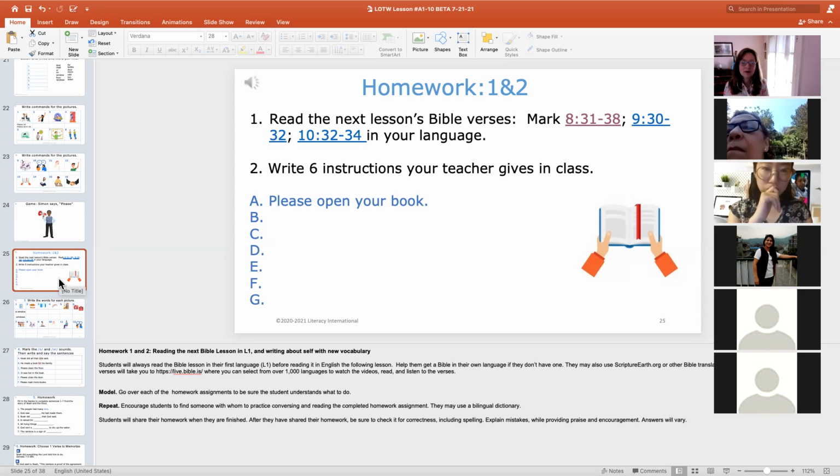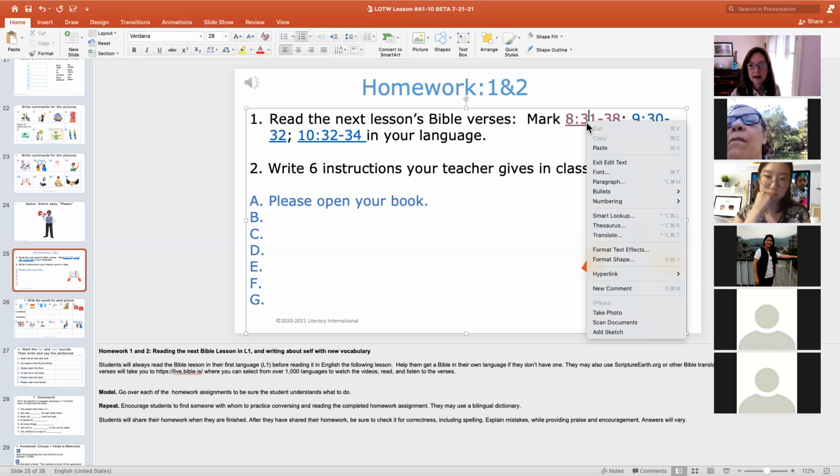So the homework number 1 is reading the Bible verses for the next lesson. So we want students to be prepared by reading the Bible lesson in their own language before they read it in class. And you can see we give them the verses to read, and there are hyperlinks here.